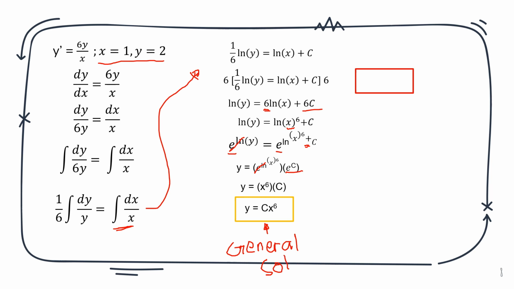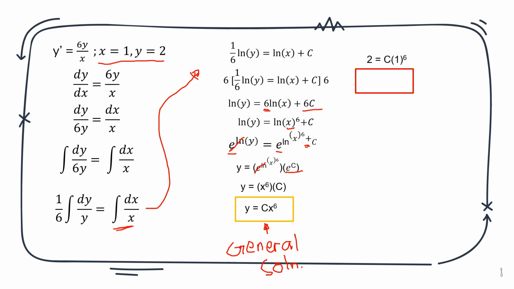Solution. So, para makuha natin ang particular solution, ipa-plugin lang natin ang conditions natin na x is equal to 1 and y is equal to 2 dito sa particular solution natin. So, by substituting the values, makukuha natin na 2 is equal to c times 1 raised to 6.